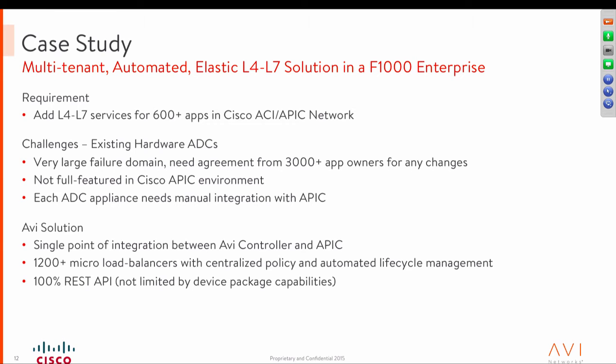And because of the REST API-based integration between Cisco and Avi, all the features were available through the Avi UI in the Cisco environment. All right. As a result, what the customer received was zero-touch provisioning, much faster application deployment, and over 65% TCO savings.